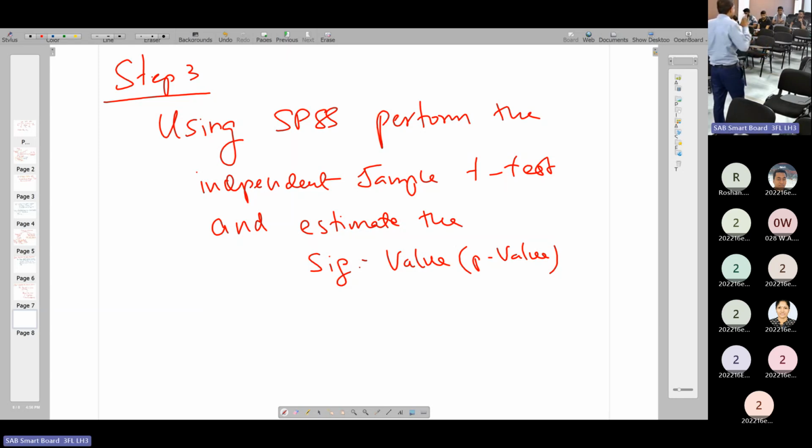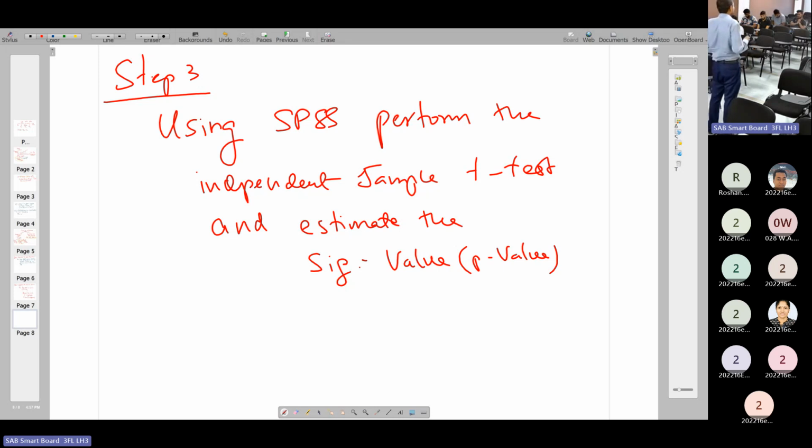Good scientists keep it as no difference, and don't be biased. Then step number 2, establish the decision criteria. What's the decision criteria? If the sig value or the p value is less than 0.05, you what? You reject the null hypothesis.